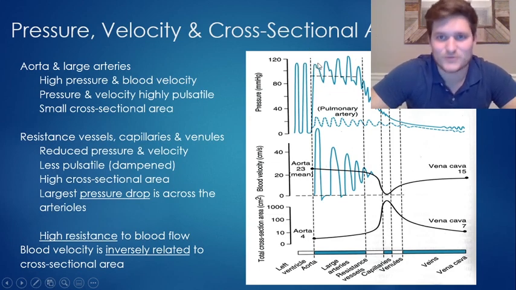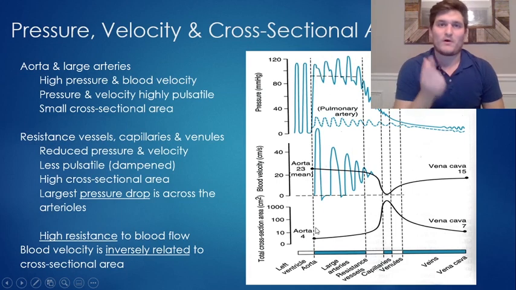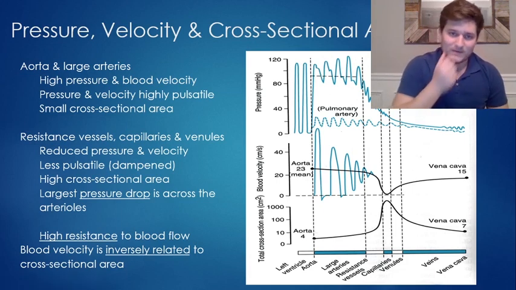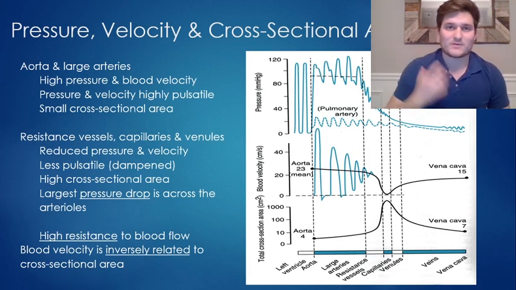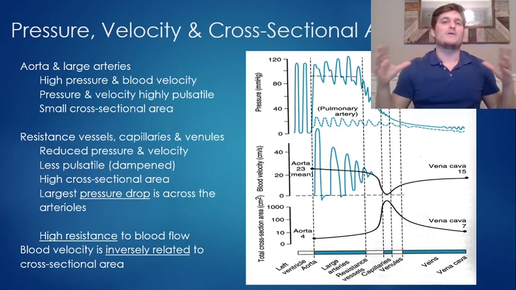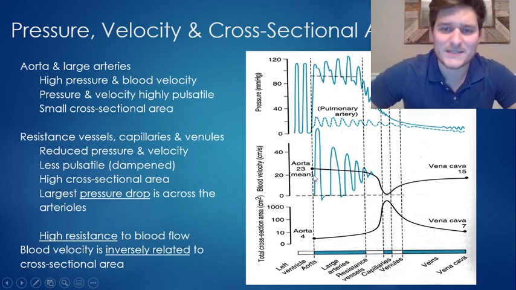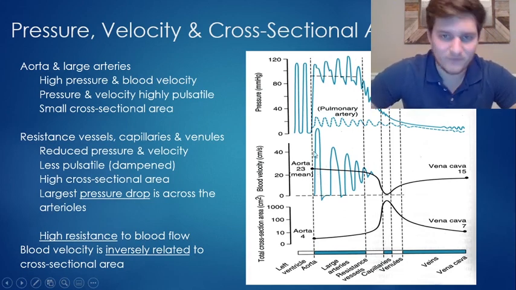So we have high pressures and high blood flow. But at the same time, this is a very small vessel, only around 4 centimeters squared in cross-sectional area, yet it's collecting this large volume of blood, so that means we're going to have a high velocity of blood flow.